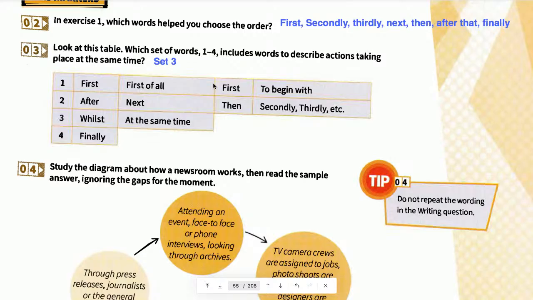Now number 2: after, next, then, secondly, thirdly, etc. Does that include words to describe actions taking place at the same time? No. How about set 3? Whilst, at the same time? Yes. So the answer is set 3. And number 4, finally, no.